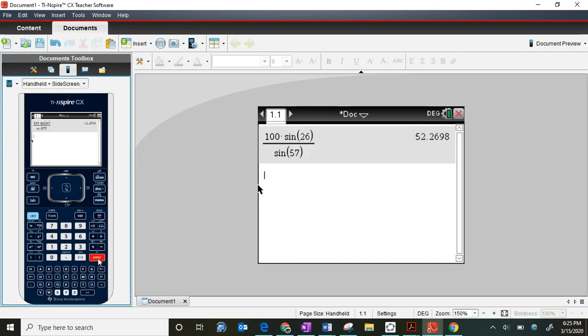And then we hit enter. If you don't get it, make sure you do control enter for the approximate, and you get the answer to be approximately 52.2698.